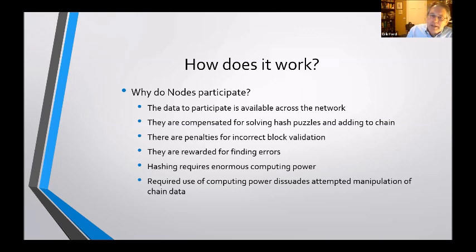Participants are rewarded for finding errors, so that's where the cross-validation comes into play, because everybody has to agree to the validation of the current state of the chain before it goes on to the next block. Hashing requires enormous computing power, so another disincentive to cheat or create fraud is that you're burning up a lot of computing power to do the hashing. So the incentive is really there to do it for the reward, which is the last point.